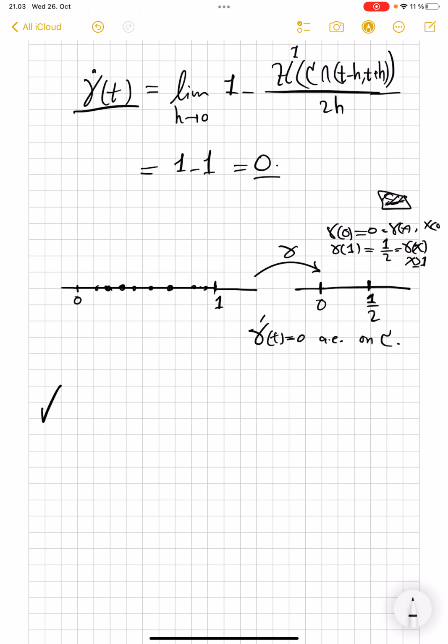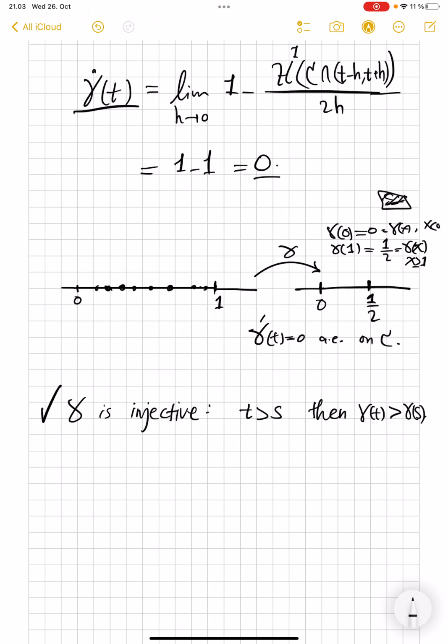Another claim about this gamma is that gamma is injective. No two values, so if t is bigger than s, then gamma of t is also strictly bigger than gamma of s. We already know gamma is increasing, but now we prove that it is strictly increasing.